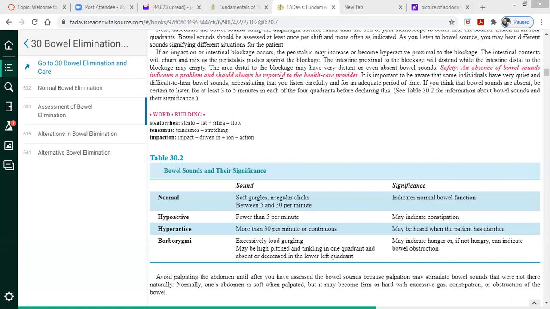Proximal to the obstruction, you would hear hyperactive bowel sounds. So if the right upper quadrant has some type of blockage, everything that comes before it, which would be the right lower quadrant, will probably sound hyperactive. Proximal to that area, you will hear hyperactive bowel sounds.